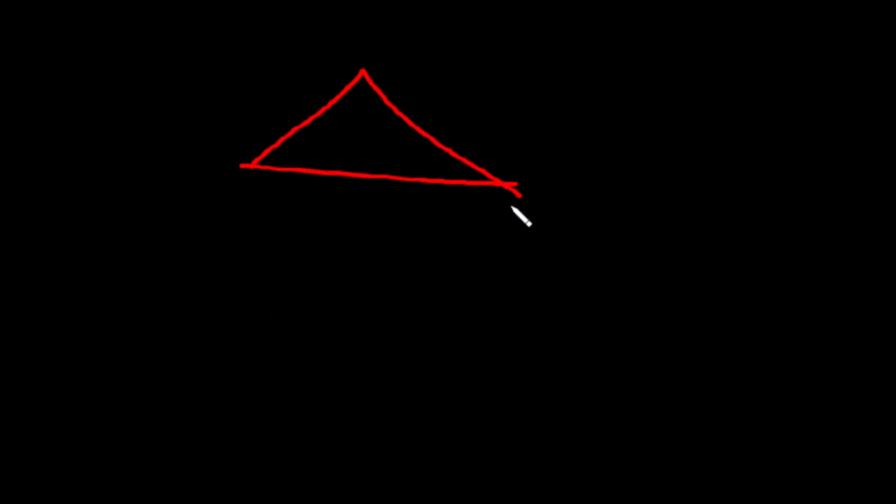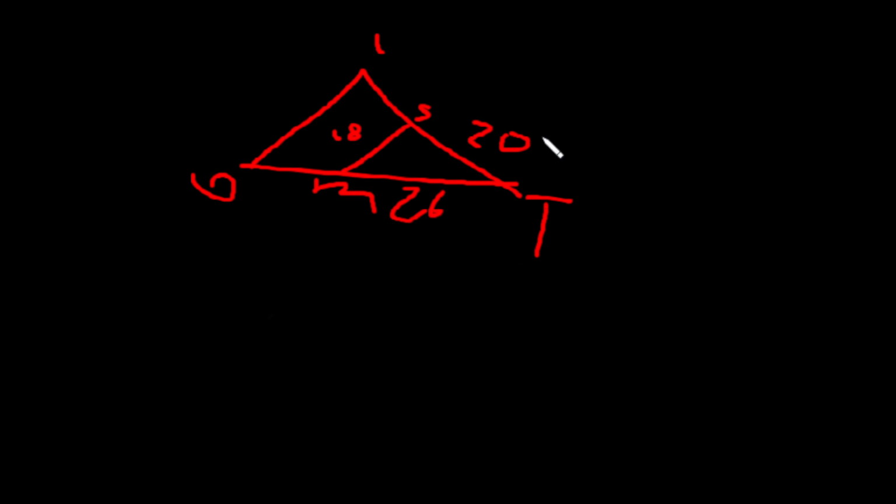Something like this. And then there's a segmented part right here. This is L. This is S 20, T, O 18, M 26. Now, for this one, it's all about ratios, okay?